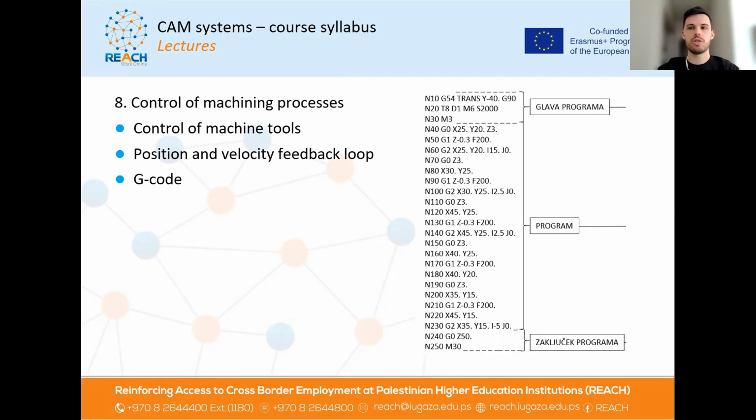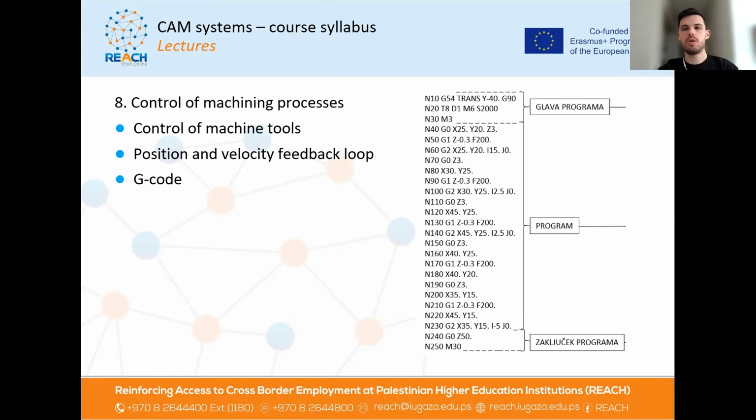And in that lecture, some of the students are touching for the first time the understanding of the first main G codes, or main functions such as G1, G0, and some additional things.